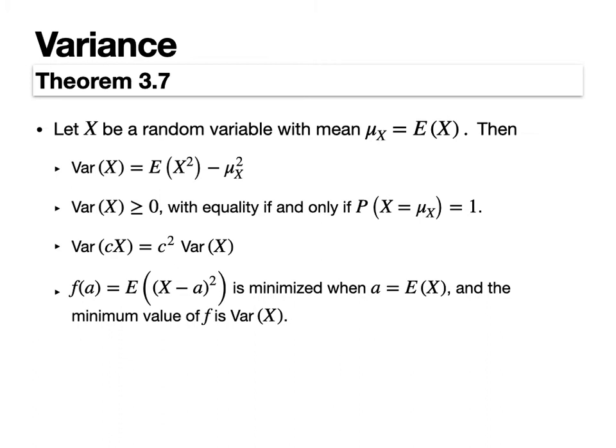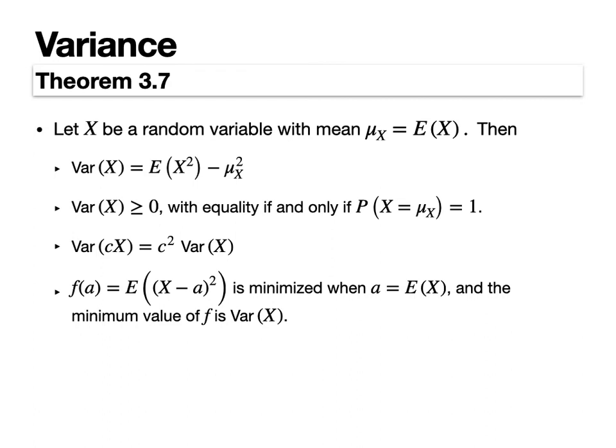There's no analog of the additive property of expected value, right? The expected value of x plus y is the expected value of x plus the expected value of y. There's no analog of that in general for variance. We will see a special case in which variance is additive, but it's only a special case. It's not in general true.